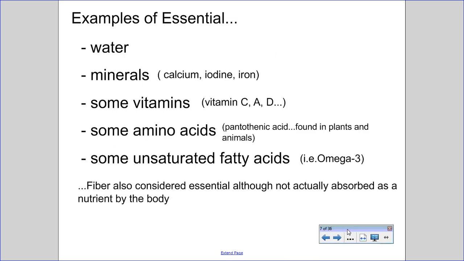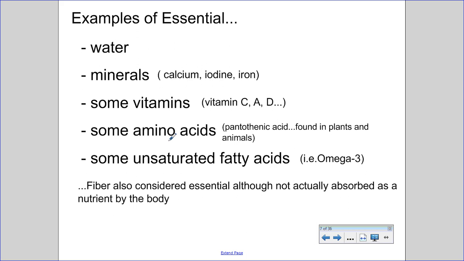So examples of essential nutrients include water, certain minerals such as calcium, iodine, iron, so calcium for our bones, iodine for thyroxine, iron and hemoglobin are considered essential minerals. Some vitamins, such as vitamin C, A, and D, are required as part of our diet.